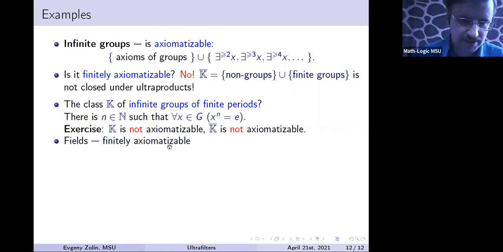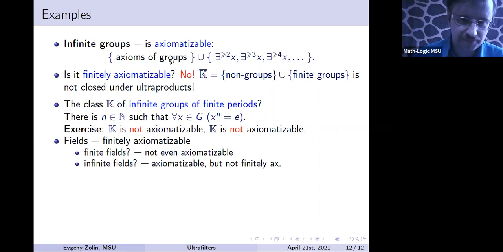All fields are finitely axiomatizable. Finite fields are not even axiomatizable, in the same manner as for groups. Infinite fields are axiomatizable, like here, but with axioms of fields instead of groups, but not finitely axiomatizable, again like here.